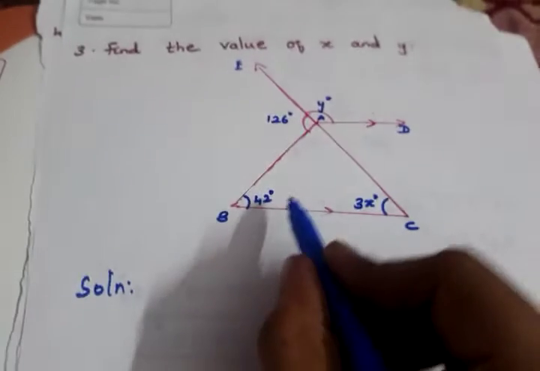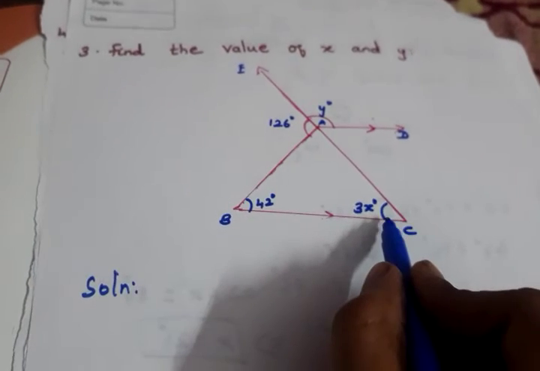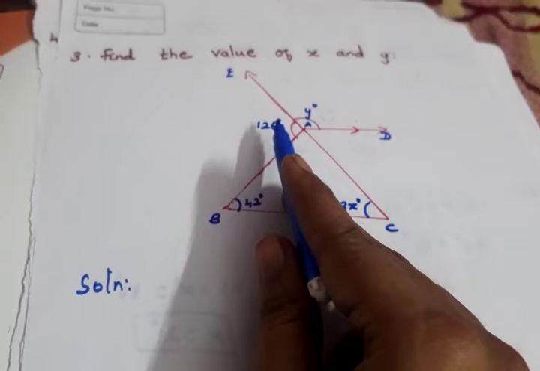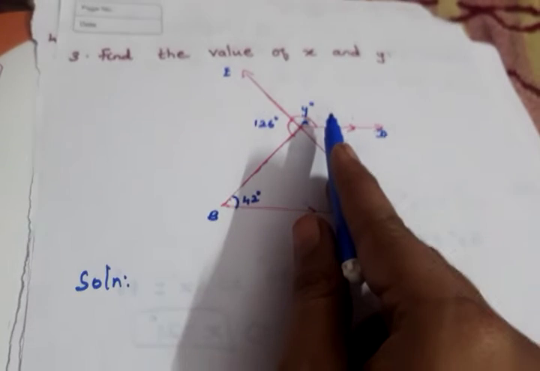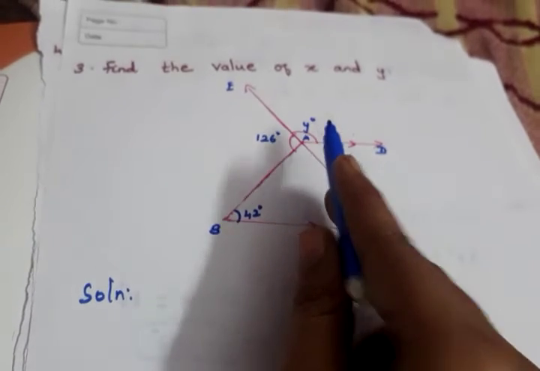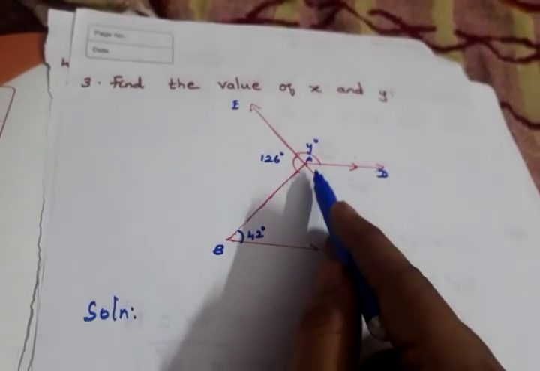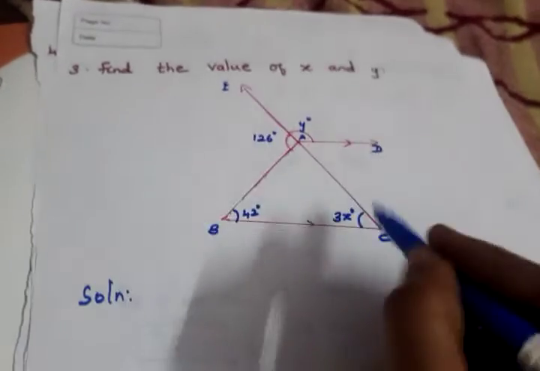So already angle B equals 42 degrees, angle C equals 3x degrees. Then the outer angle is 120 degrees and the interior angle is y degrees. First we find the value of angle BAC.